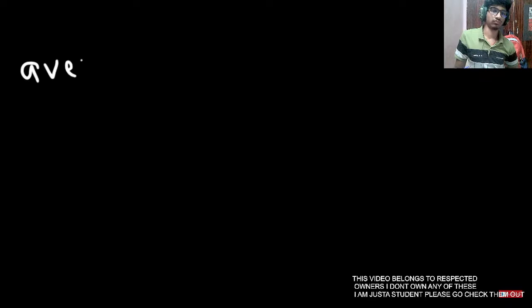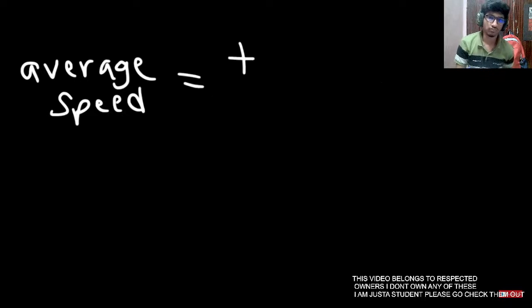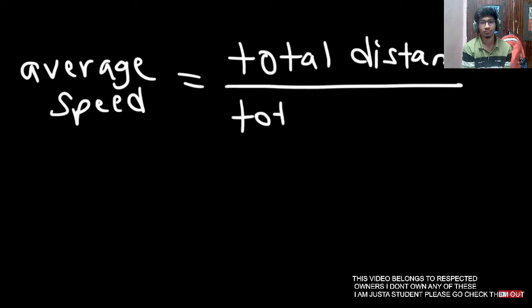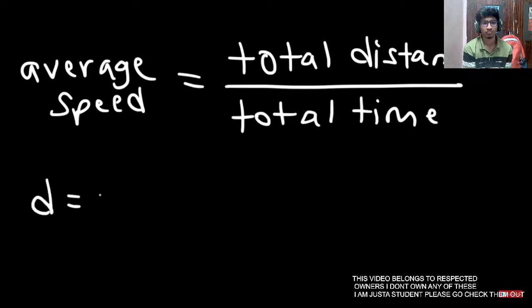There's something called average speed, because sometimes in physics you need to calculate the average speed of an object. The average speed can be calculated by taking the total distance traveled by the object and dividing it by the total time. Now, if you think about this formula, d is equal to vt.